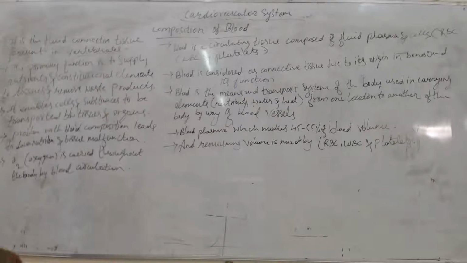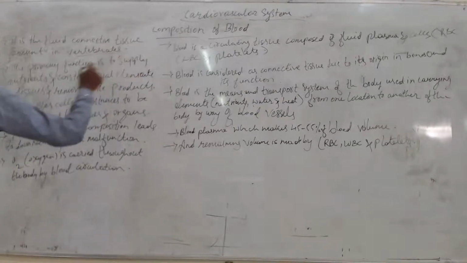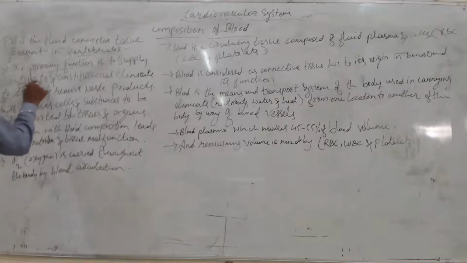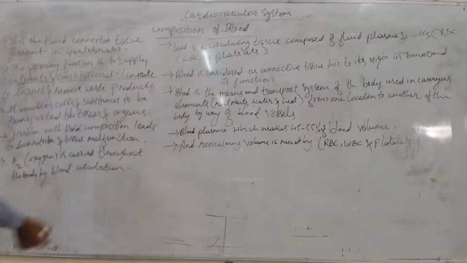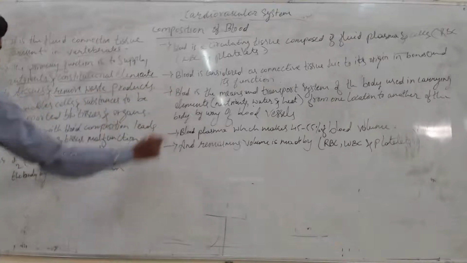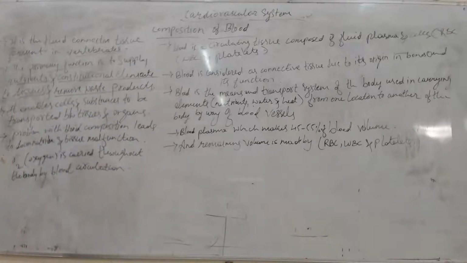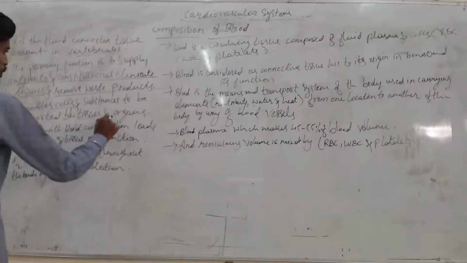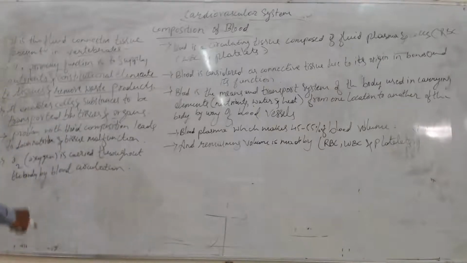The primary function is to supply the nutrients and the constitutional elements to tissues and remove waste products from the body, and it enables the cells and substances to be transported between tissues and organs.